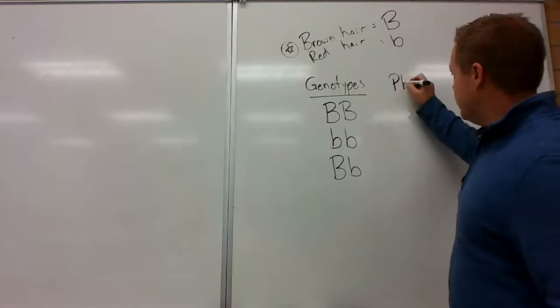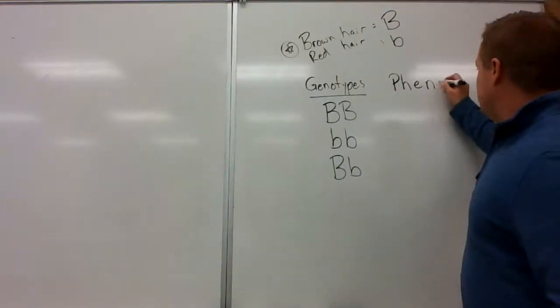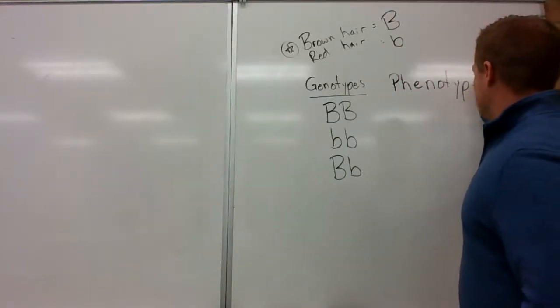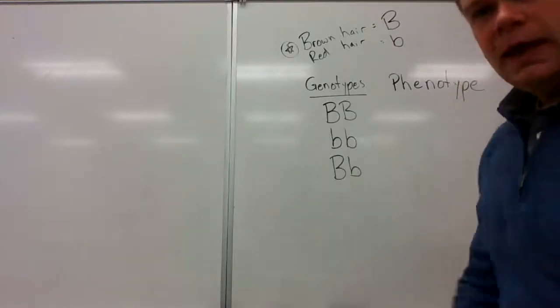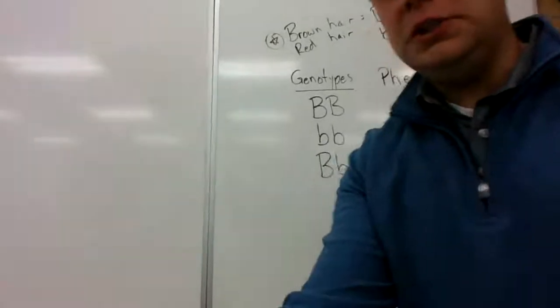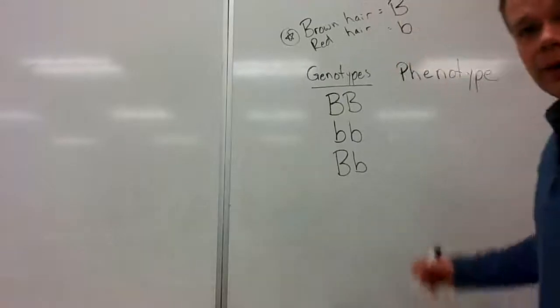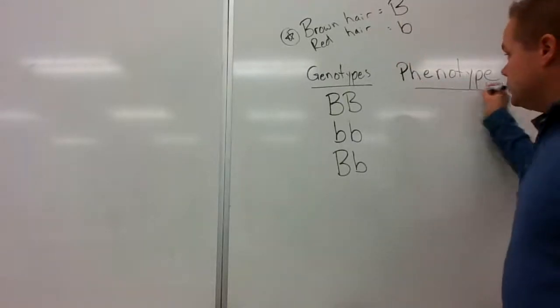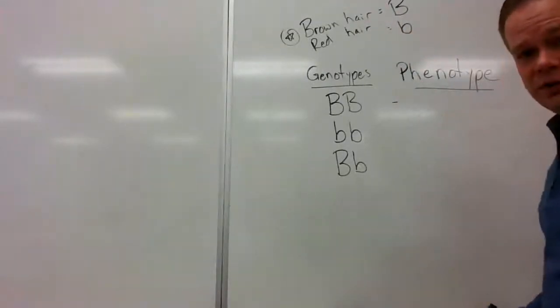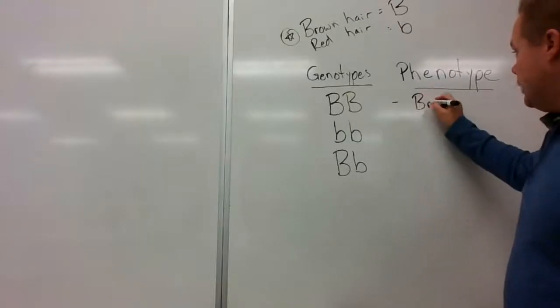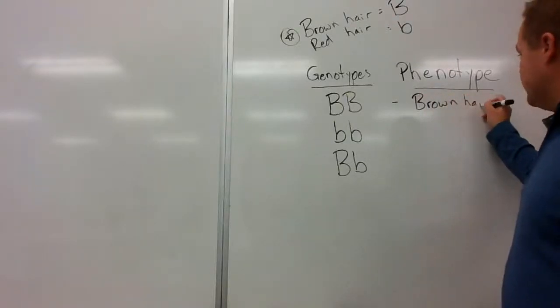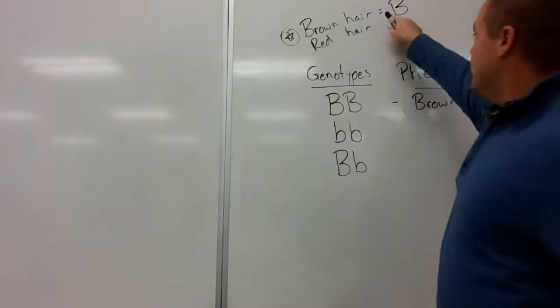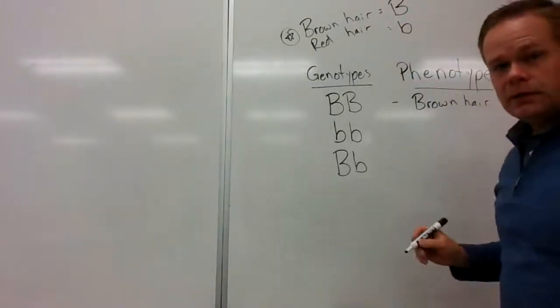Now, there's this other word called phenotype, right? And phenotype is how that gene gets expressed, how it is shown in the person. So in this case, this person's phenotype would be brown hair, because this is what gives you brown hair, the dominant allele.